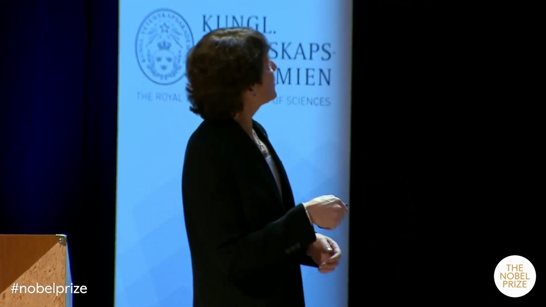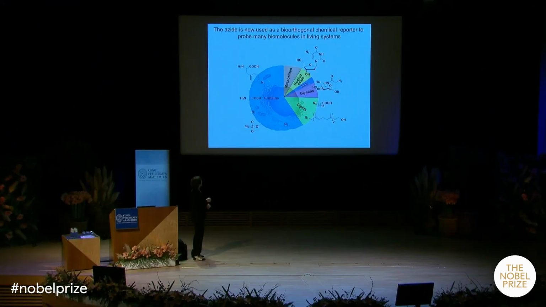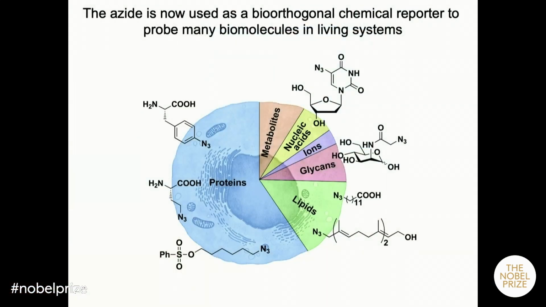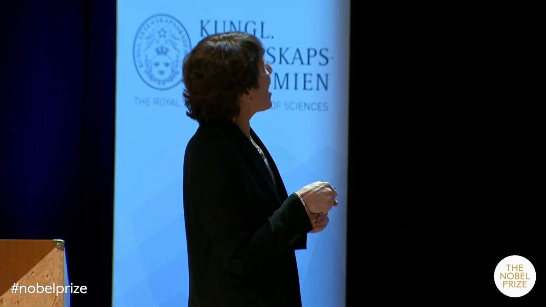And so here's a pie chart on the cell showing roughly the breakdown of all the different types of biological molecules. And over the course of 4 or 5 years, and this brings us up to about 2010, there were groups that showed that they could use the azide as what we call now a chemical reporter for virtually every type of molecule on the pie chart. They could put azides into amino acid side chains and label proteins and use bioorthogonal chemistry to image those proteins in living systems.